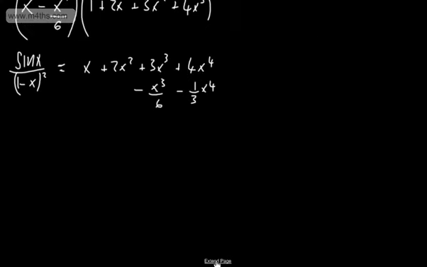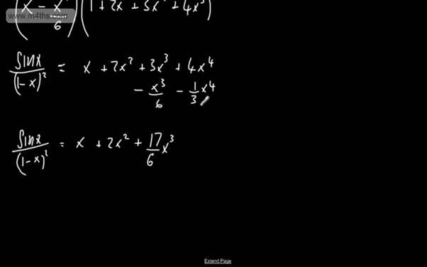So from here we can do a bit of tidying up, and we can state now that sin x over (1 minus x) squared will be equal to x plus 2x squared. Now if I've got 3x cubed minus 1 over 6, if I switch these into 6's, it's going to give me 18, so we can have plus 17 over 6 x cubed.